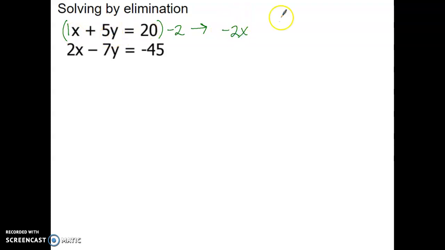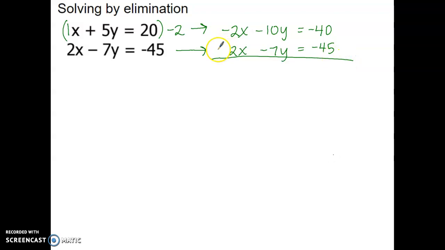Negative 2 times 5y is minus 10y. Negative 2 times 20 is negative 40. And then I'm just going to rewrite the second equation here. You can multiply one or both equations by any number as long as you multiply every single term inside the equation by the same number.